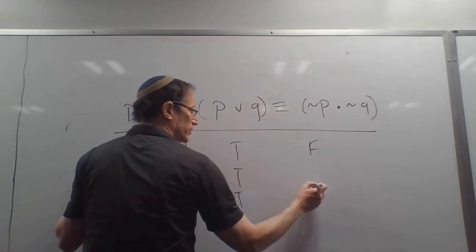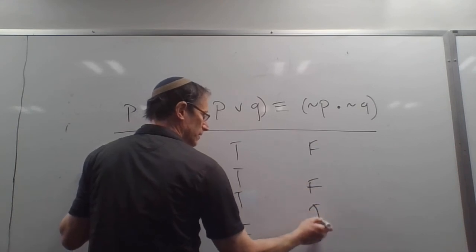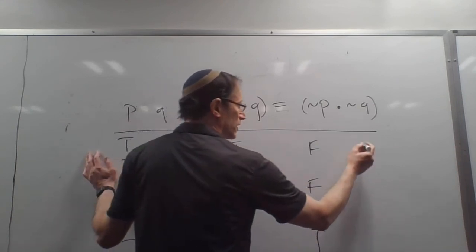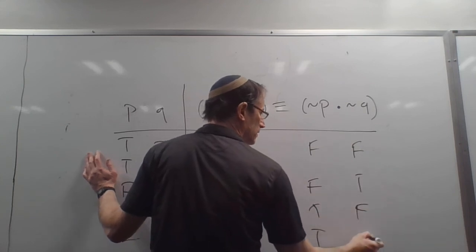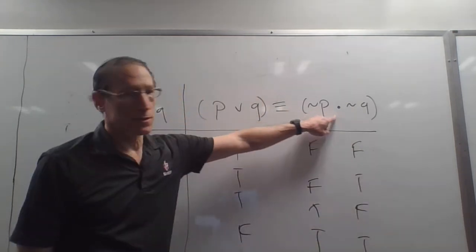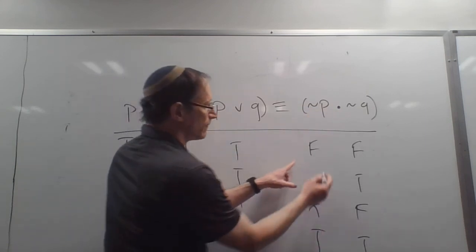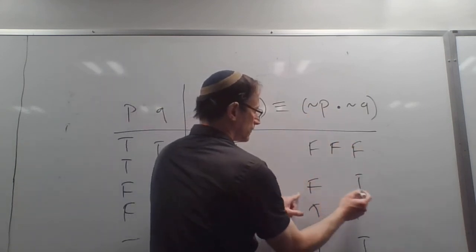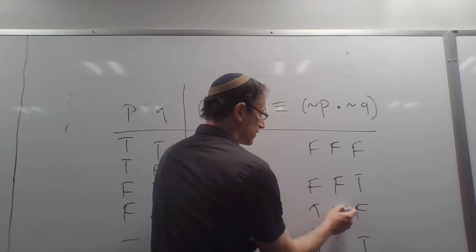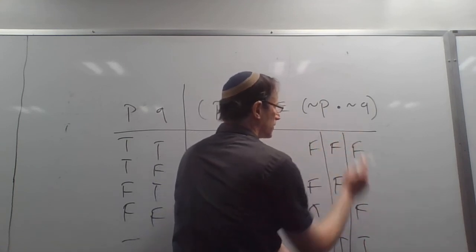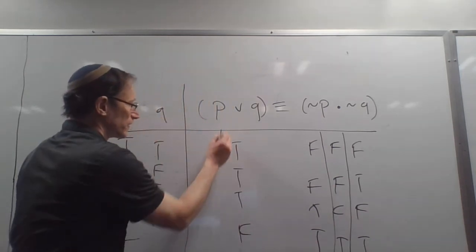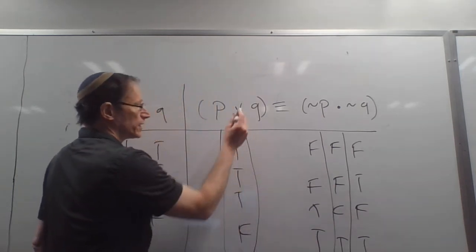I'm writing the value of not P and the value of not Q. I need to do this dot. So I have F dot F is false. F dot T is false, false, this is true. So this is the value underneath the dot. This is the value underneath the wedge.